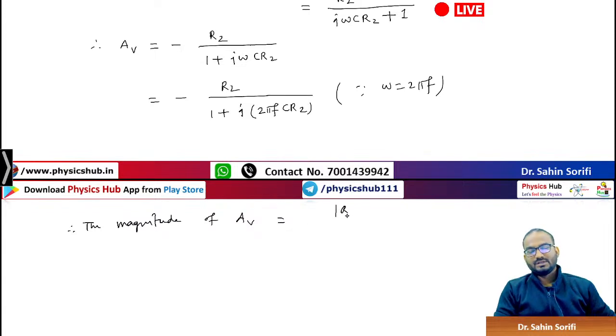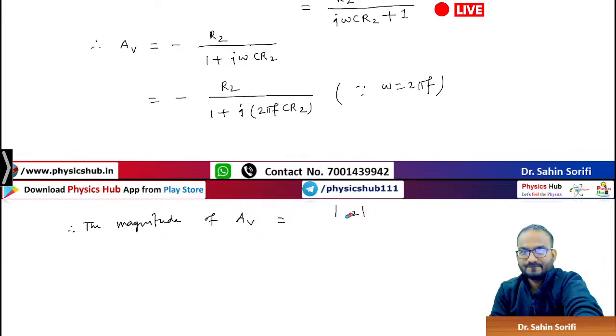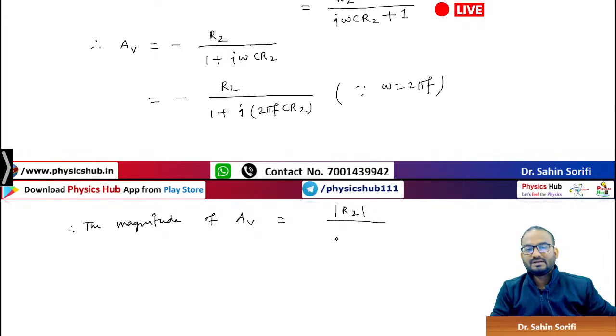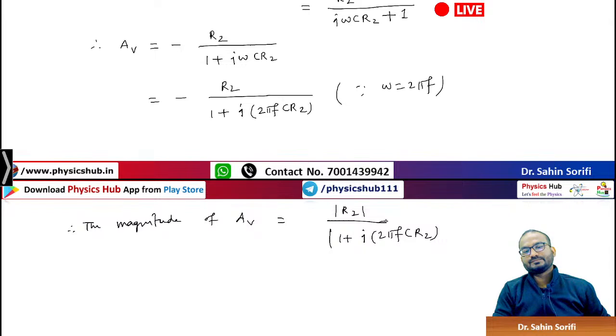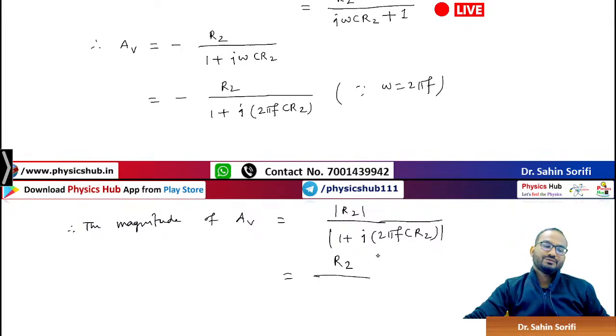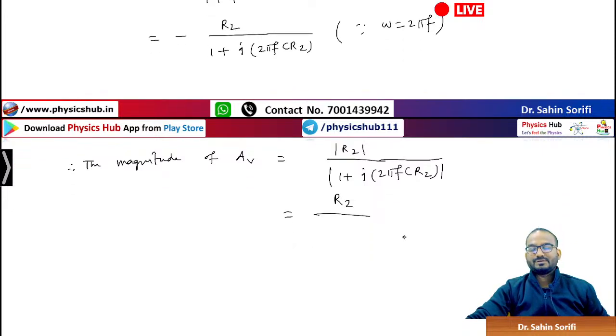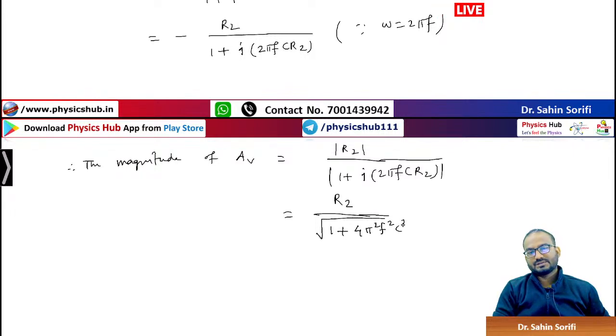Magnitude of R2 is R2. Okay, the real thing. And magnitude of 1 plus j into 2 pi f C R2. So magnitude of R2 is R2. Magnitude of 1 plus j 2 pi f C R2 is root over 1 plus 4 pi square f square C square R2 square.